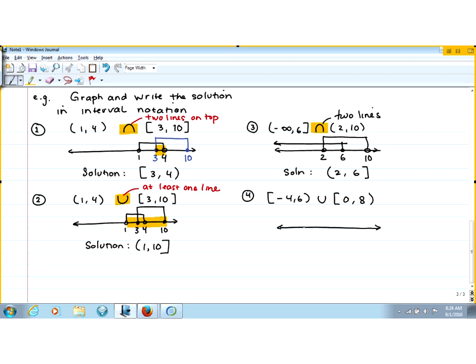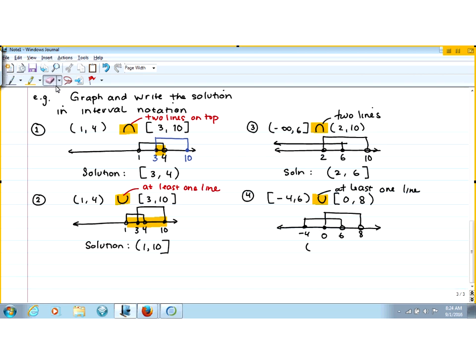All right. The next one. Negative 4, 6. Negative 4 open, 6 closed, and draw it. 0 closed, and 8 open, and then we draw. And what does union mean? At least 1 line. So which points have at least 1 line?